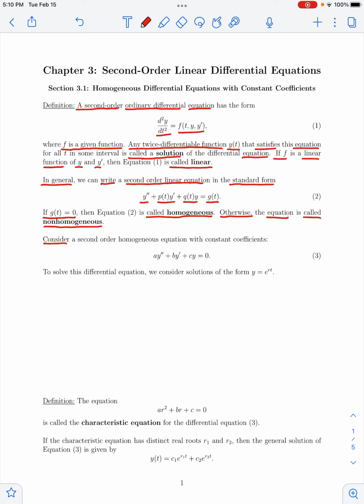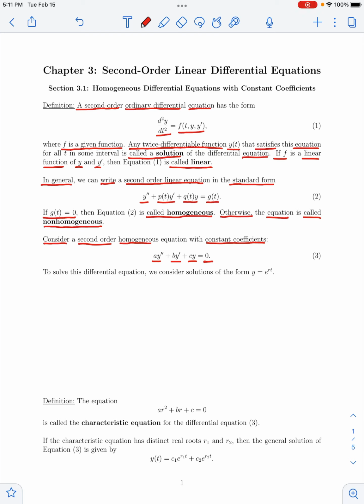So let us consider such an equation, second order, homogeneous, where our coefficients are constants. So here we have something like a y double prime plus b y prime plus c y is equal to 0. Here homogeneous means that the right-hand side is 0, where a, b, and c are just some constants rather than functions of t.